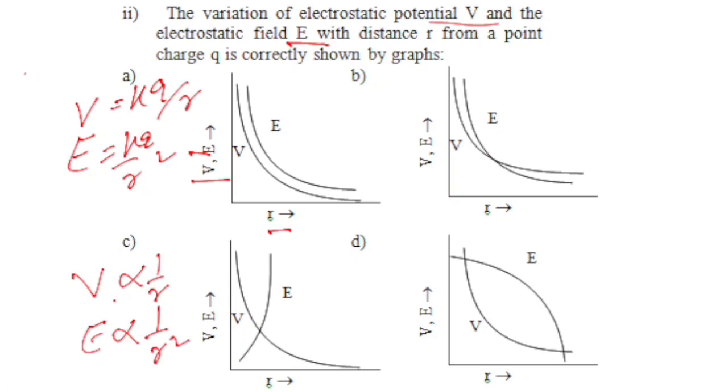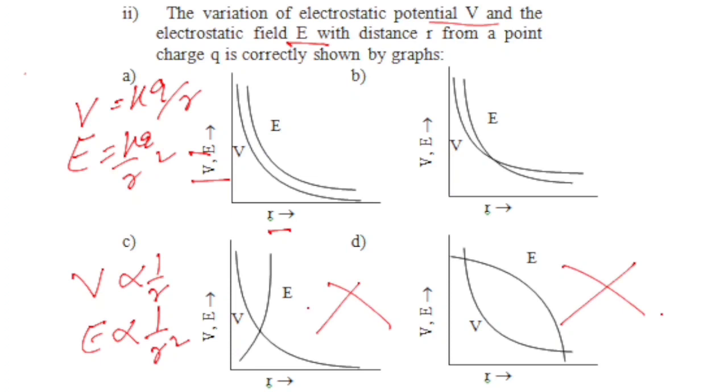Now, in both cases, with the increase in distance R, E and V both decrease. So this fourth diagram is totally wrong and this third diagram is also totally wrong because both should decrease with distance R. So these two are wrong.